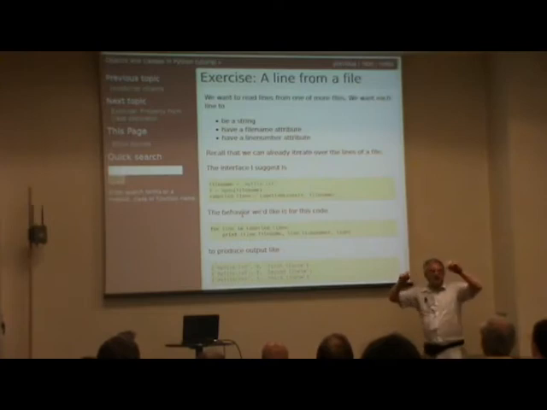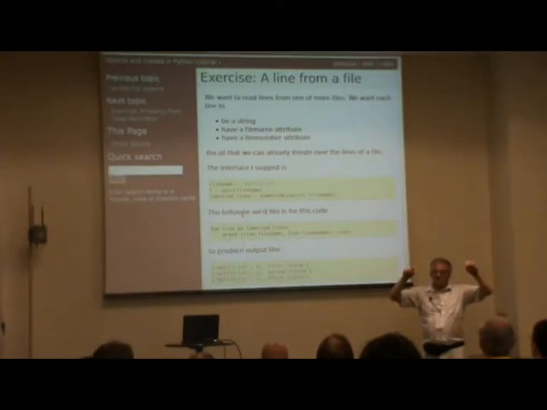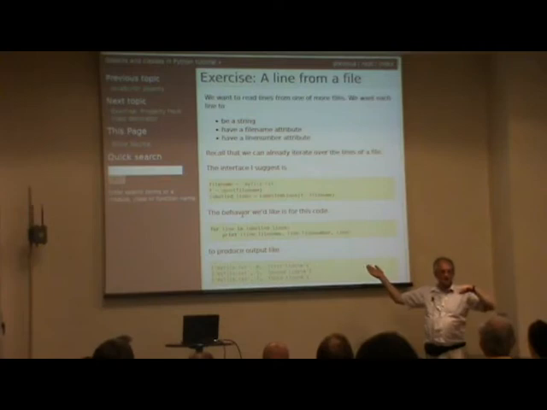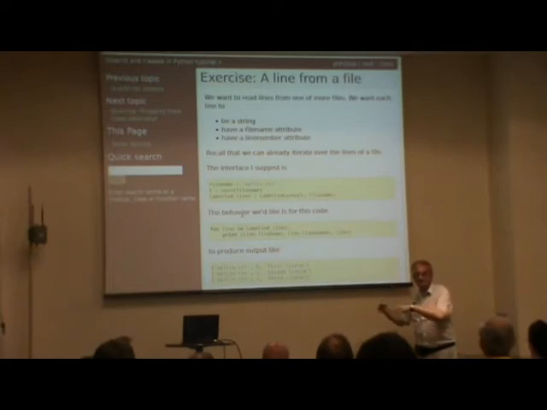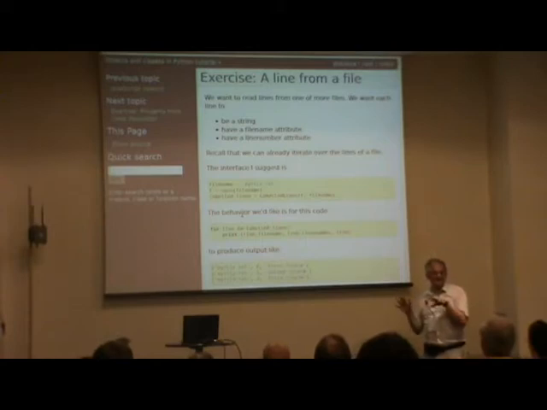But we want the line still to be a string, perhaps for backwards compatibility, or so we can apply a regular expression to it. So we actually want to subclass string to get this sort of behavior. We're subclassing a built-in type so that we can store some additional information on it. Problem clear? Excellent. Is the solution clear?